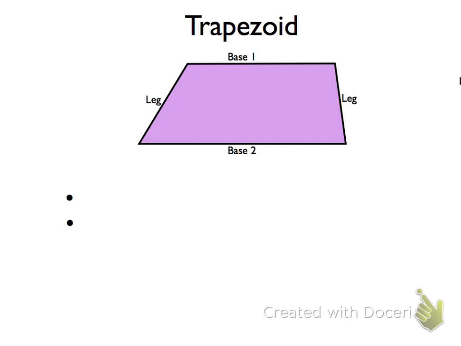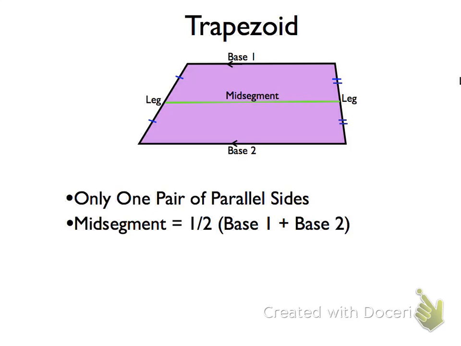Okay, so let's talk about a trapezoid. We've got two bases, base 1 and base 2 at the top. Those are the parallel lines. And we have the left and the right legs, and we have a mid-segment as well. And remember, in a triangle, 2 times the mid-segment was equal to the base, or you could say the mid-segment was equal to half the base.